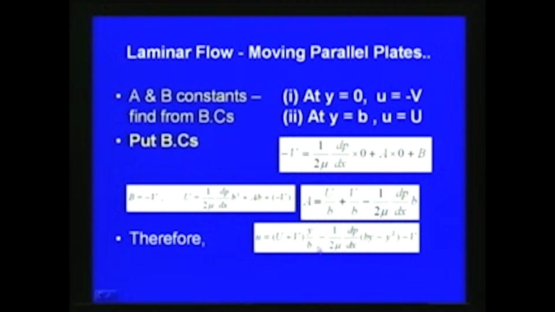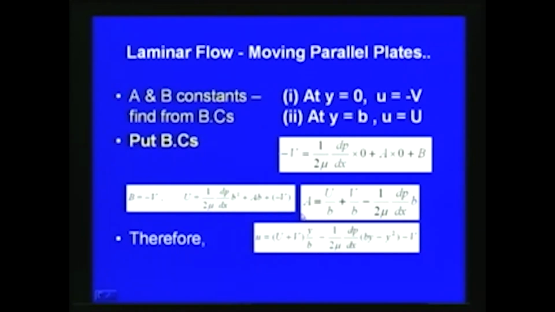Finally, we now have the constants a and b found. So, we can substitute back to the earlier equation, and then finally we get the expression for the velocity for this particular case as u is equal to capital U plus V into y by b minus 1 by 2 mu dp by dx into by minus y square minus V. So, this is the expression for the velocity.